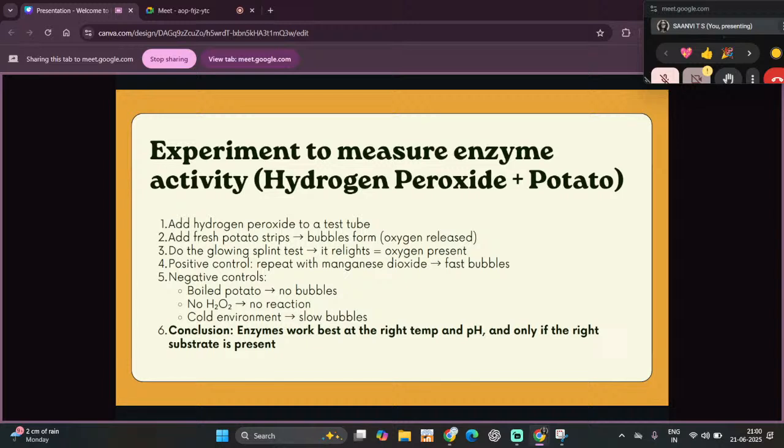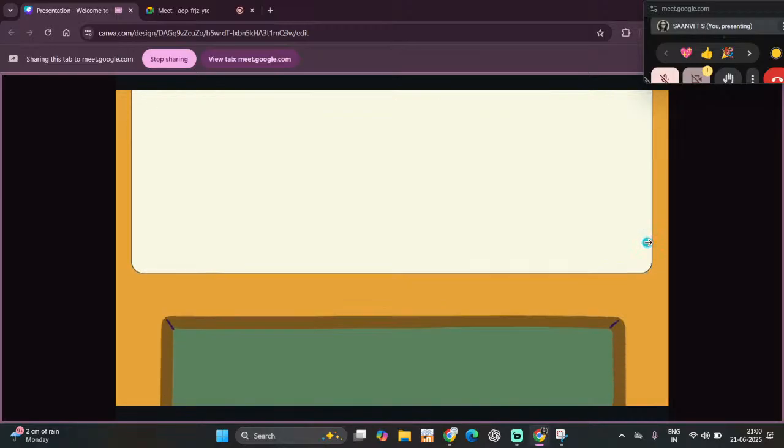And with manganese dioxide addition, the bubbles released faster. However, when we did not satisfy any of these conditions, then the reaction was not up to mark. So, enzymes are specific and work at the right temperature and pH only if the right substrate is present. I hope this is clear to everybody. If not, you all can use the comment or the chat box to ask your questions. Let's move on to the next concept.